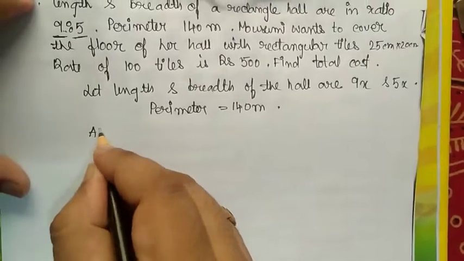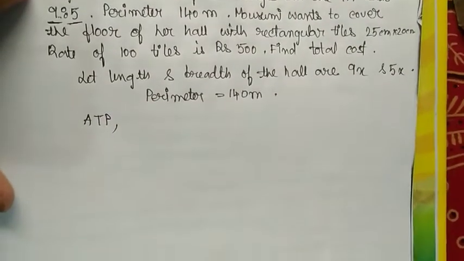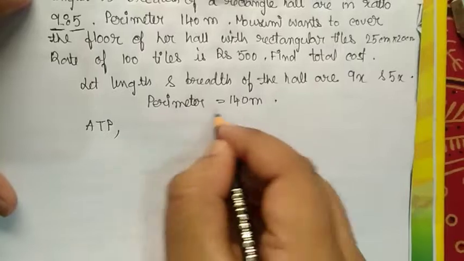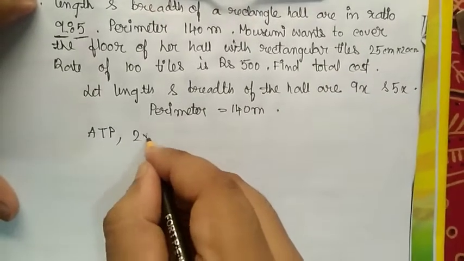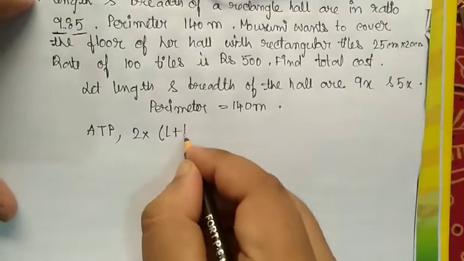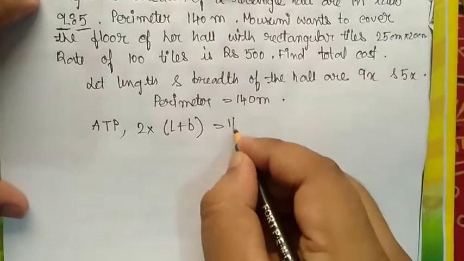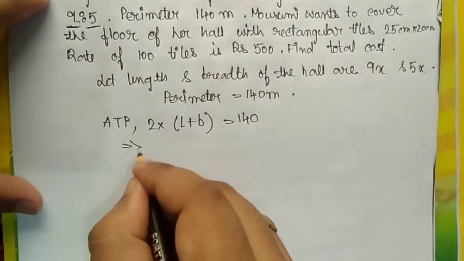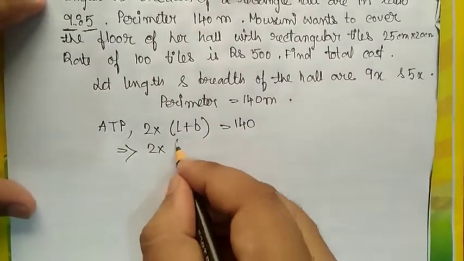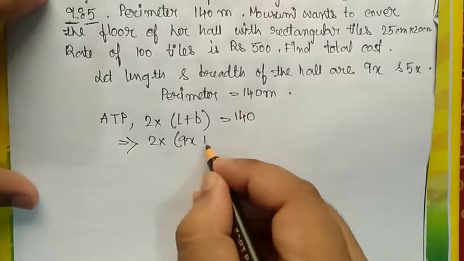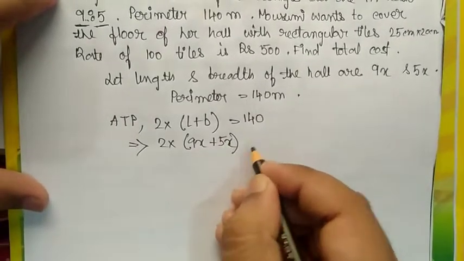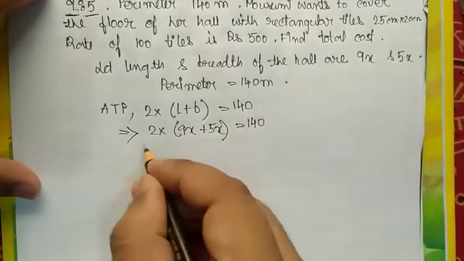So according to the problem, what is the formula of perimeter? 2 into length plus breadth equal to 140 meter. So therefore 2 into L means 9x, B means 5x equal to 140.